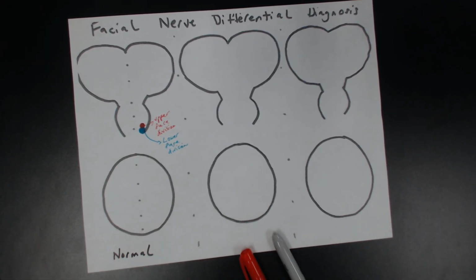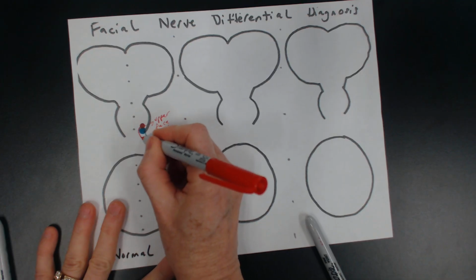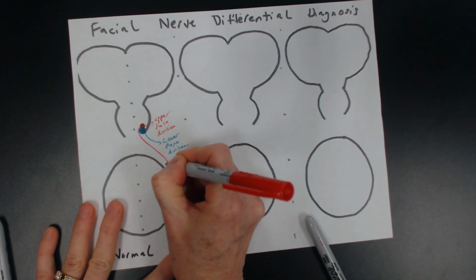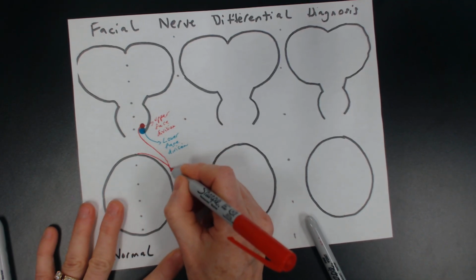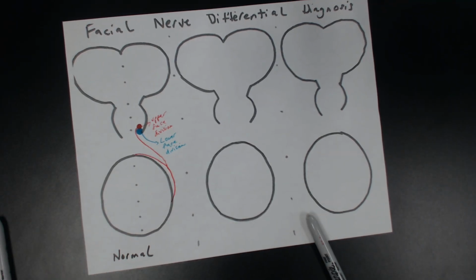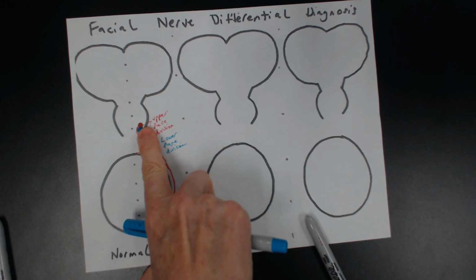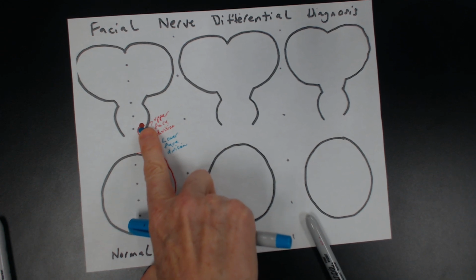And why is it upper face? So from the upper face division, the neuronal cell body sends out axons that are responsible for innervating the upper part of the face. So this would be the upper part of the face. Okay, so all I'm drawing here are axons coming out of neurons from the upper face division.